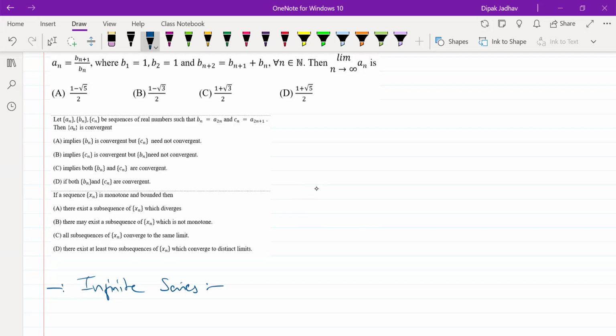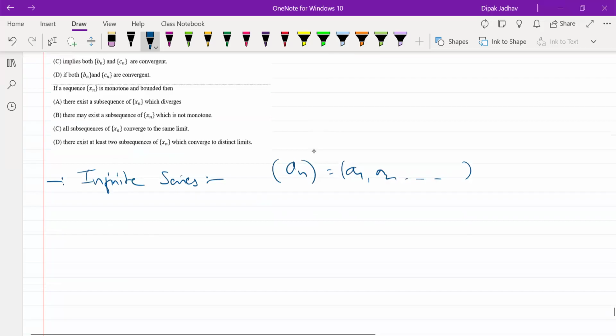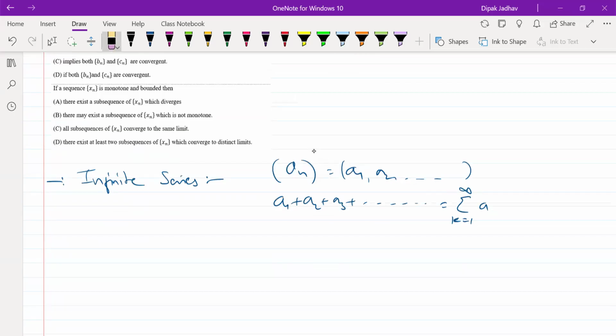So for a given sequence an, a1, a2, and so on, if you compute the addition of all terms, a1 plus a2 plus a3, that means we are considering the addition of all terms of the given sequence.